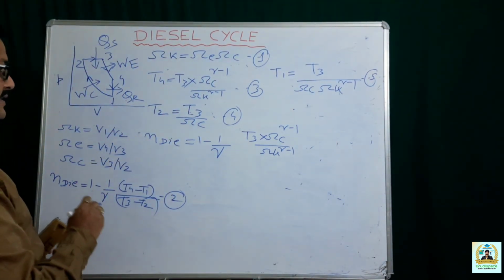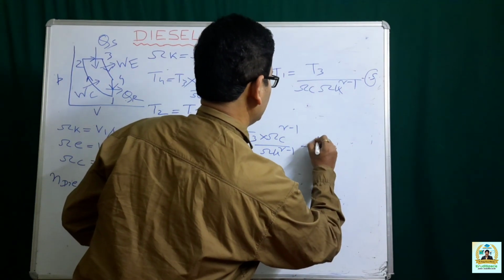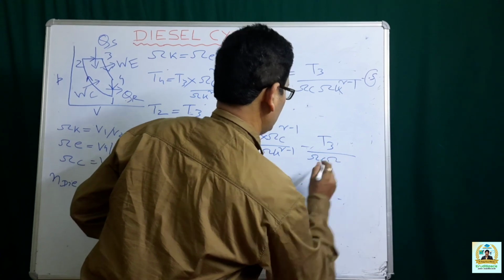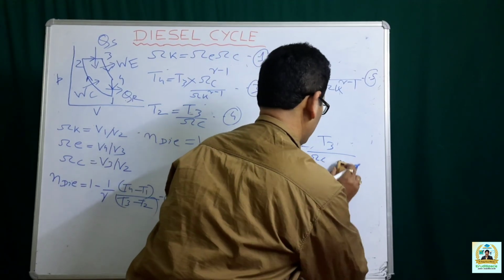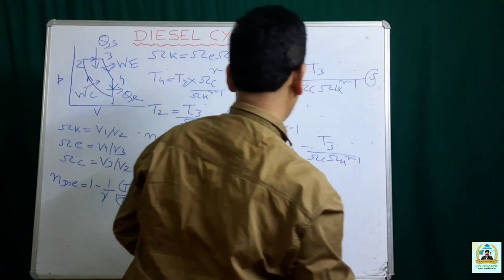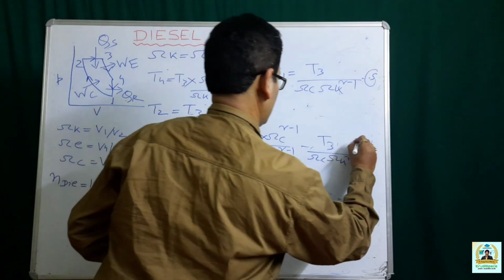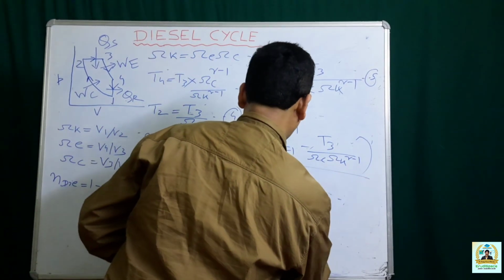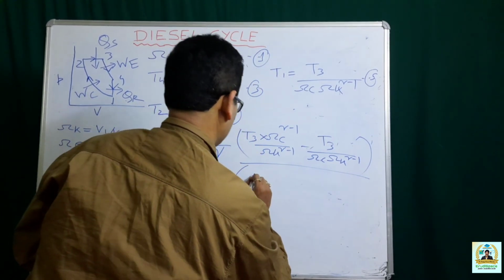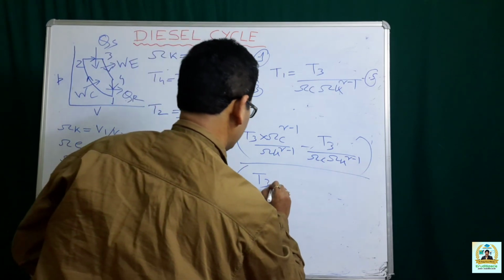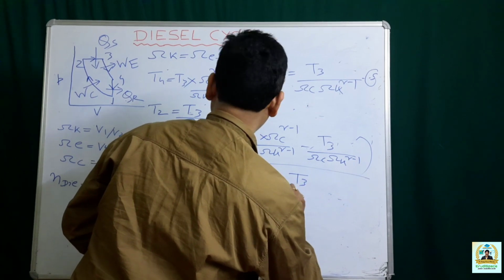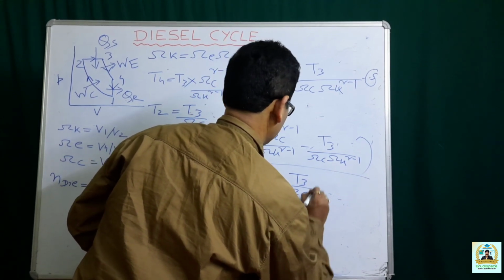Then T1 is T3 divided by Rc into Rk to the power gamma minus 1, divided by T3 minus T2, T2 is T3 divided by Rc.